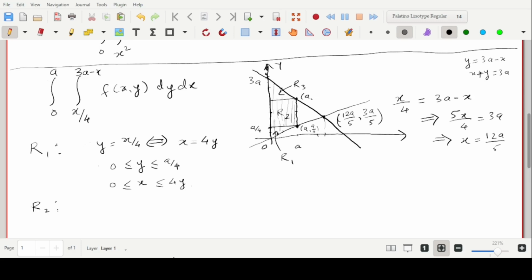So what will be the y coordinate of this point? By substituting a for x, y will be 3a minus a, which is 2 times a.